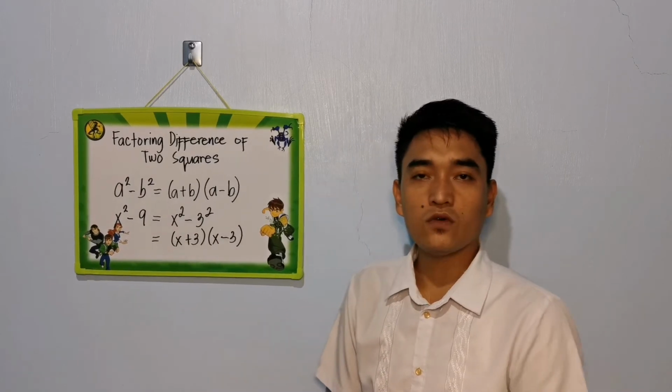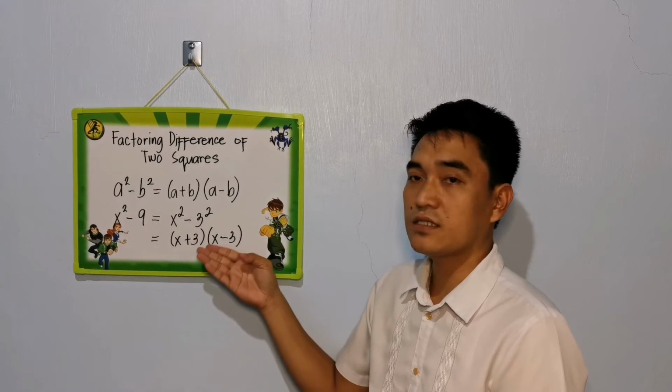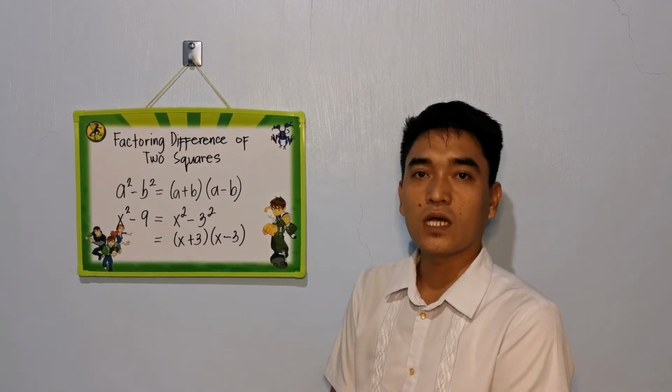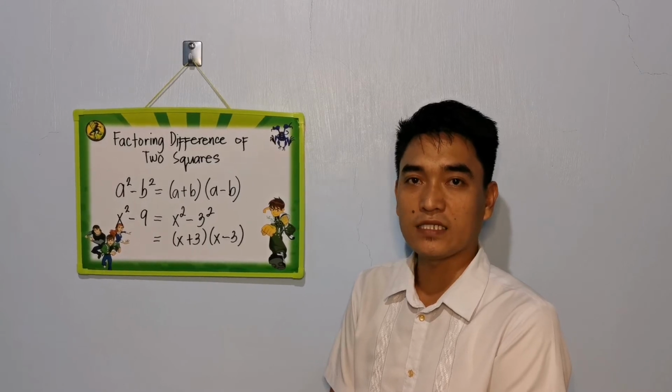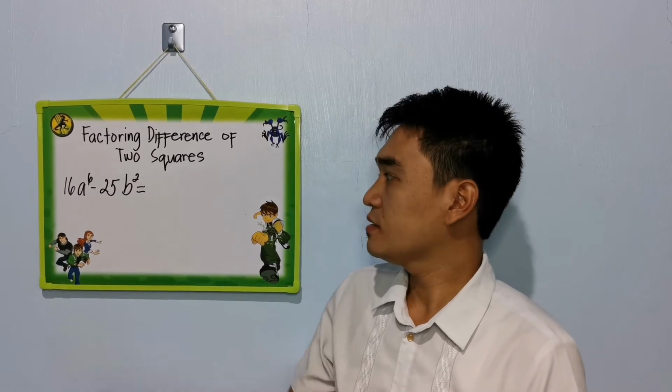Therefore, the factors of x squared minus 9 is the quantity of x plus 3 multiplied to the quantity of x minus 3.